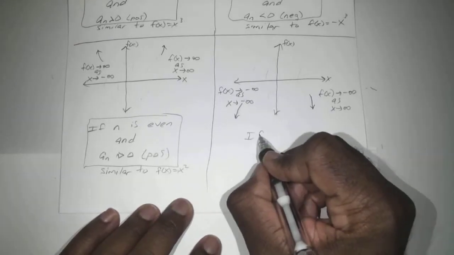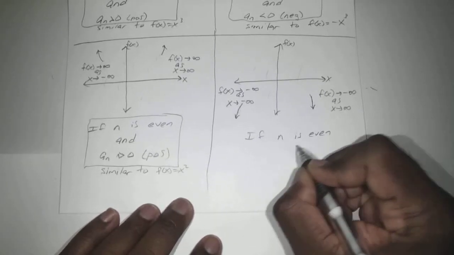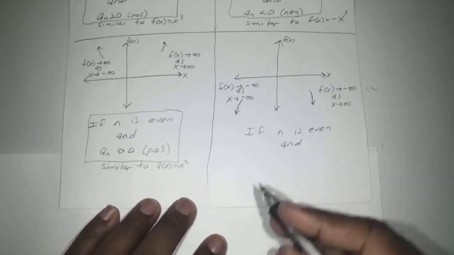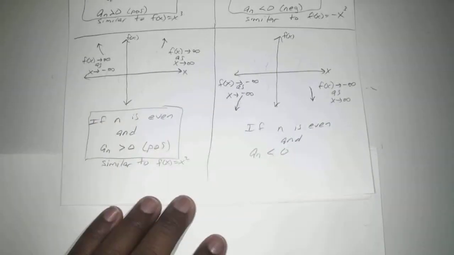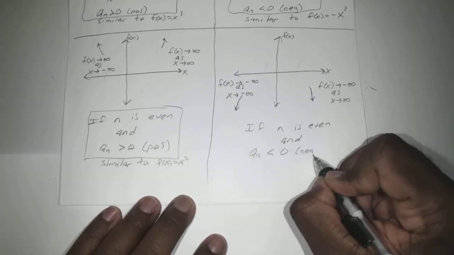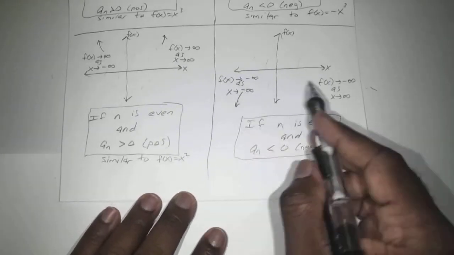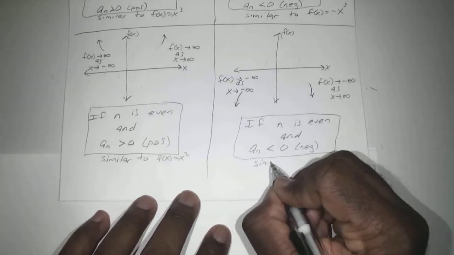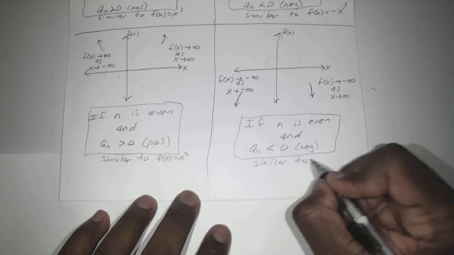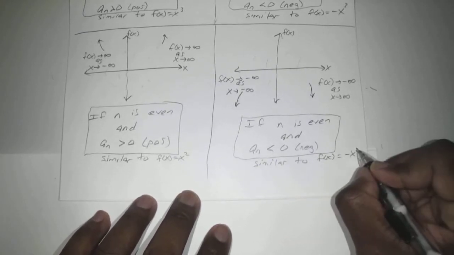So we know that if your lead exponent is even and your lead coefficient is negative, then those are the two endpoints you'll have. And this is similar to f of x equals negative x squared.